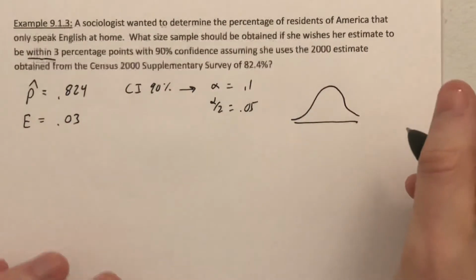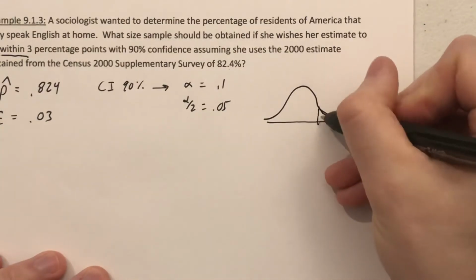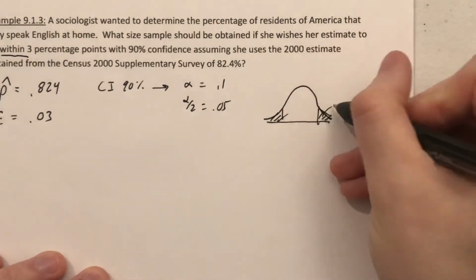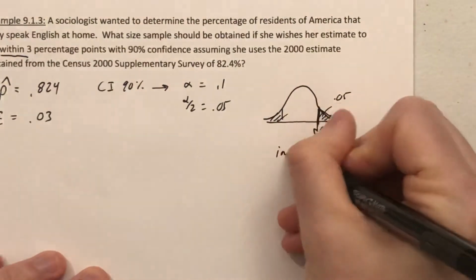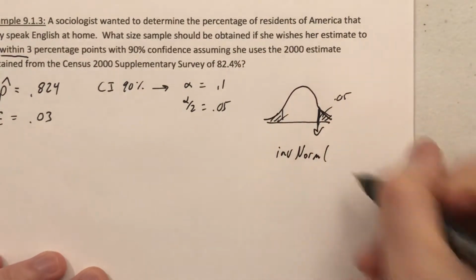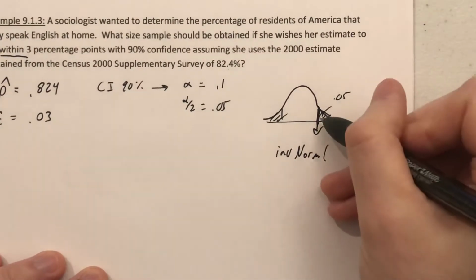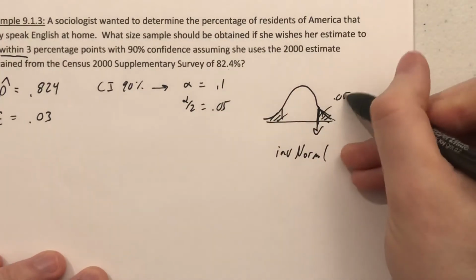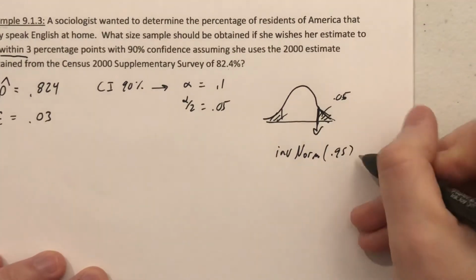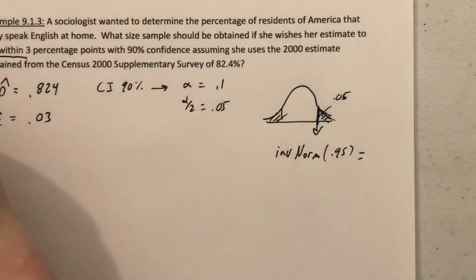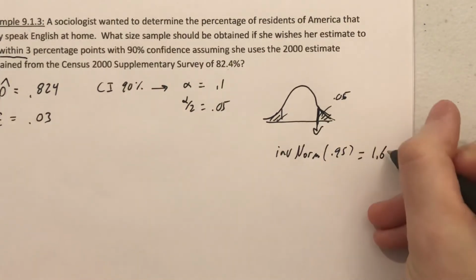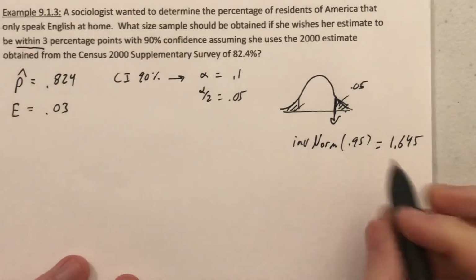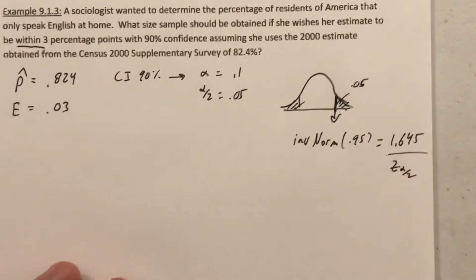And so for our normal curve, if we're talking about these tails, each of which has 0.05 in it, if I want to find that number, we use inverse norm, and if 0.05 is to its right, then 0.95 is to its left. So 0.95. And the inverse norm of 0.95 is 1.645. So that will be our z alpha over 2.